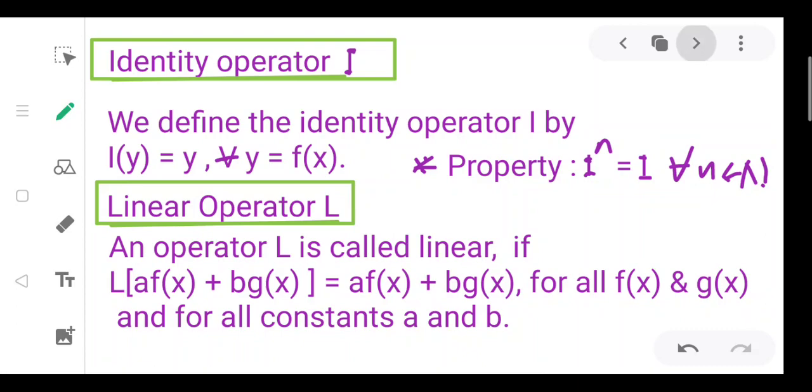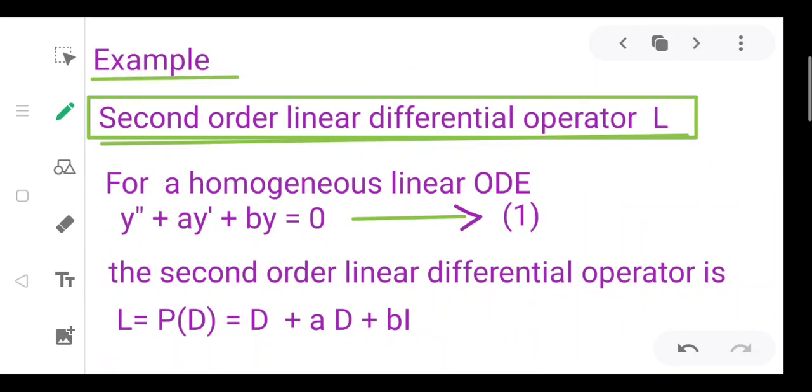For example, our second order linear differential operator capital L, we can write for a homogeneous linear ordinary differential equation y double dash plus a y dash plus b y equal to 0. The second order linear differential operator will be capital L equal to P of D, a polynomial in D, that is D square plus aD plus bI.